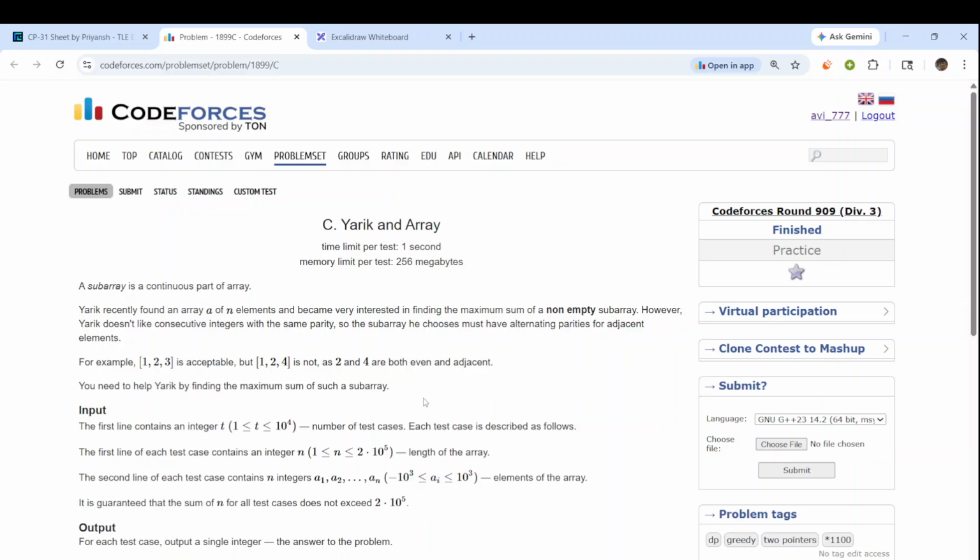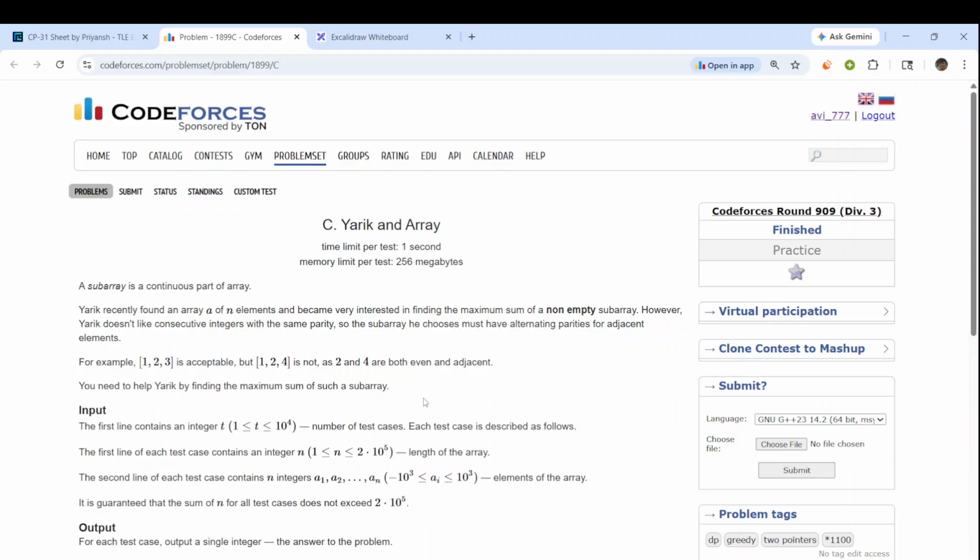What should I do when, for Kadane's algorithm, I only solved one type of question? That when the maximum sum we have to find, right? Okay, maximum sum of a subarray which includes negative integers.